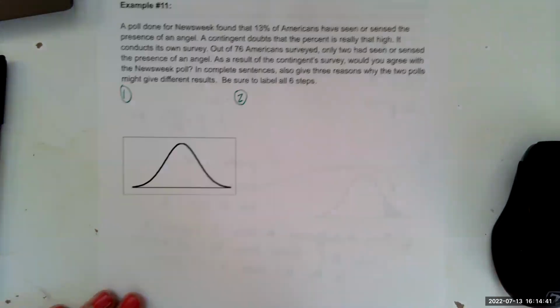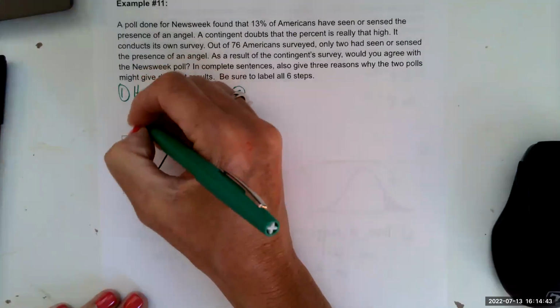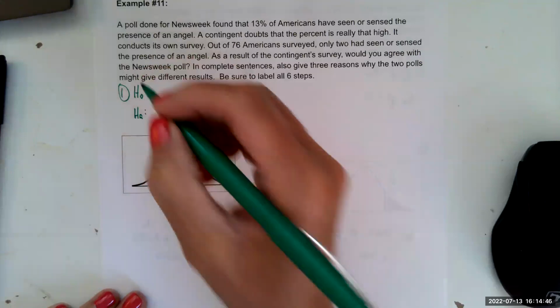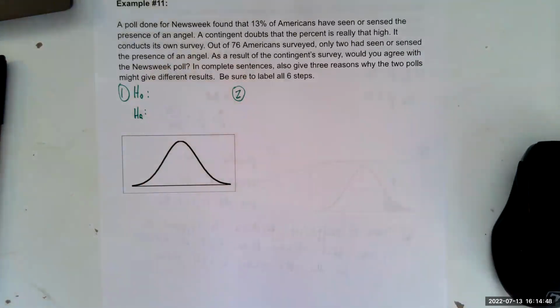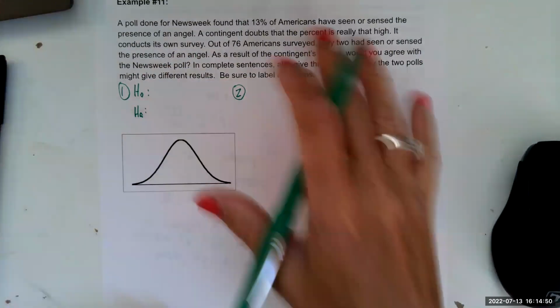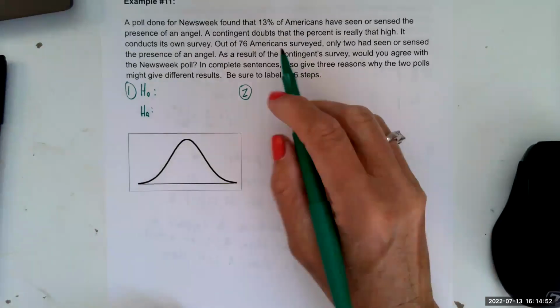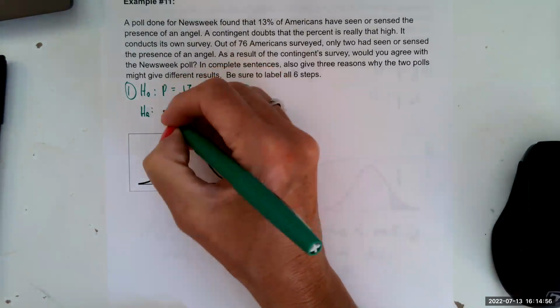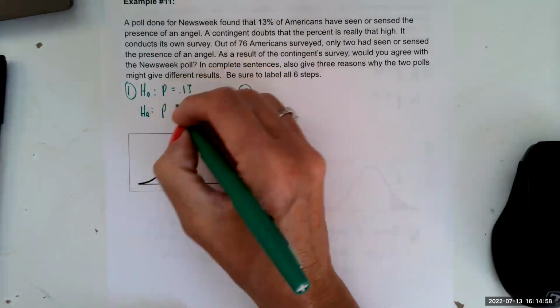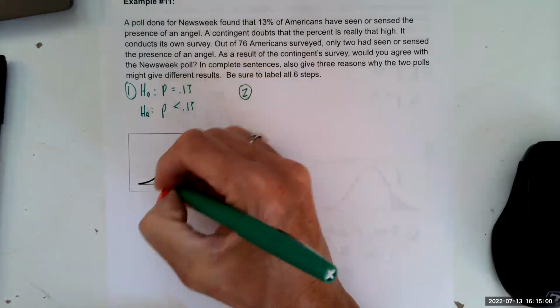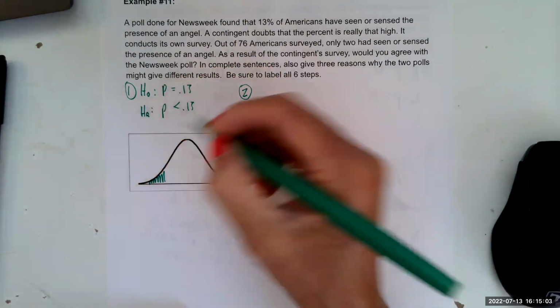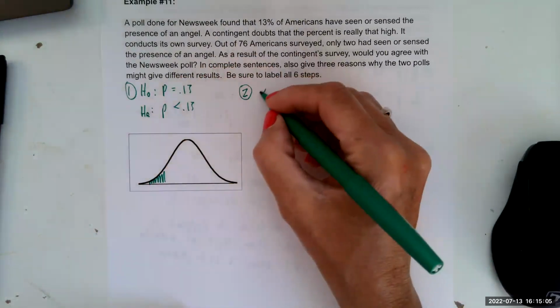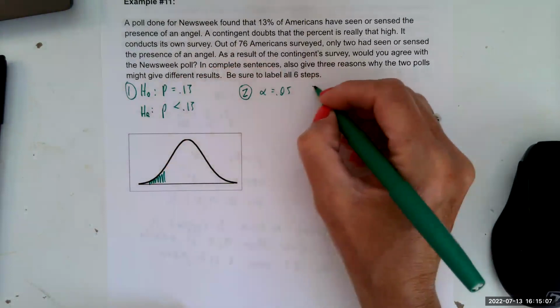Okay, so they didn't say to formally give a hypothesis test, but it's good to write them out for practice, and it will also help us answer this question. So they think that p is equal to 0.13. The contingent is proposing that it's less than 0.13, so it's going to be a left-tailed test. And they didn't give us an alpha, so we're going to just use 0.05.